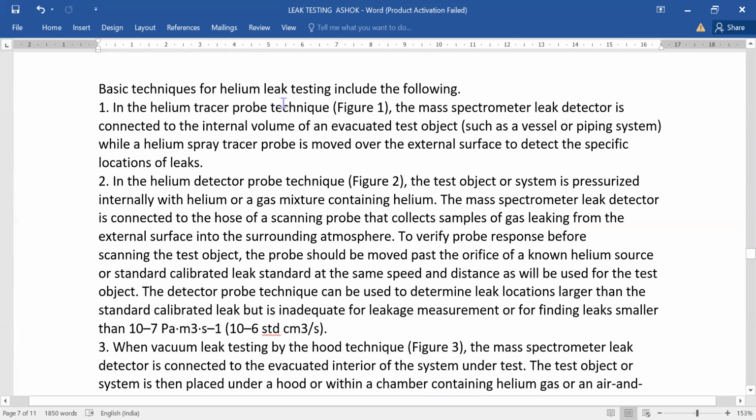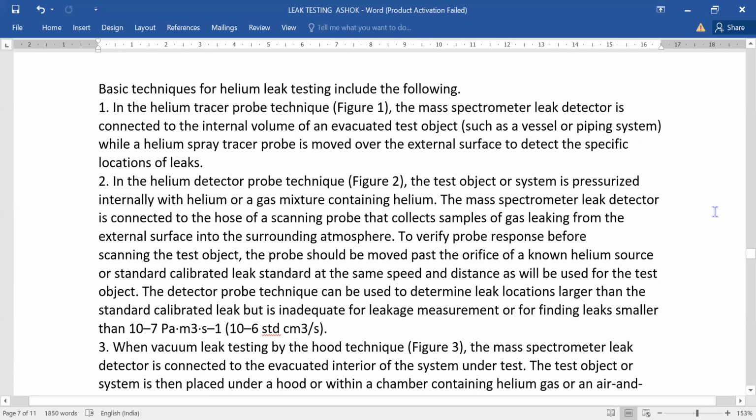In the helium tracer probe technique, the mass spectrometer leak detector is connected to the internal volume of an evacuated test object such as a vessel or piping system, while a helium spray tracer probe is moved over the external surface to detect the specific location of leaks. In the helium detector probe technique, the test object or system is pressurized internally with helium or a gas mixture containing helium.